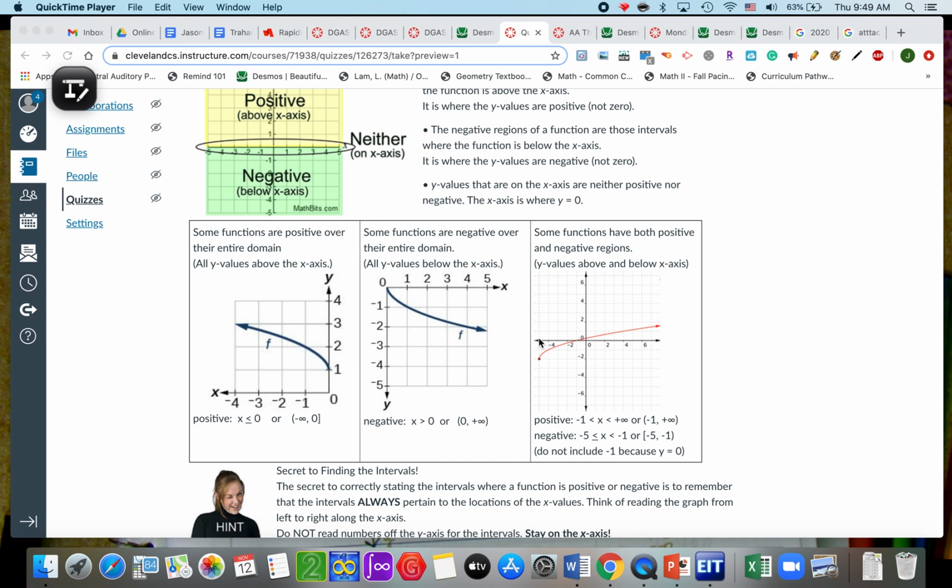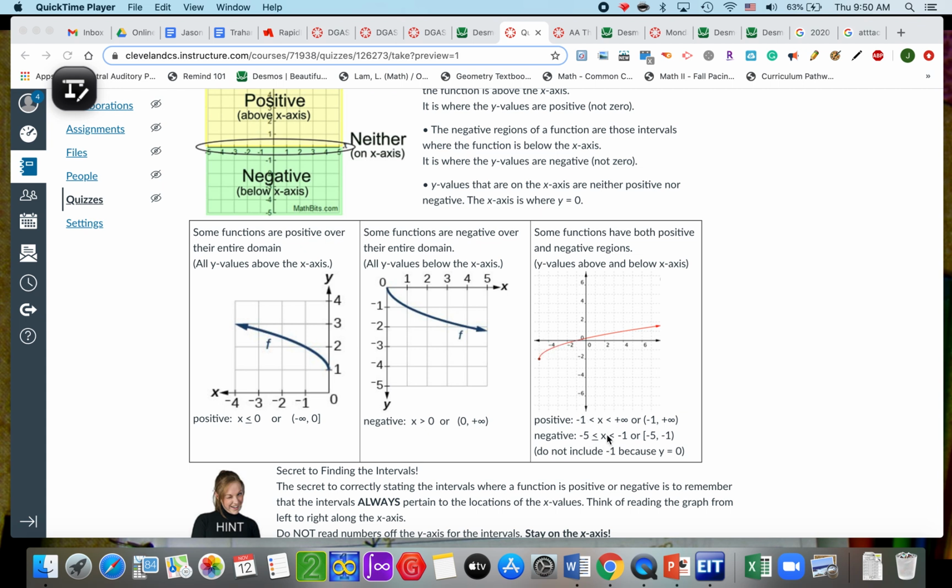So from -5 being the smallest, and we're going to include it because the value of y is -2 there, all the way to the x-intercept of -1, which we won't include because the value of y is 0 there. So that's going to be our negative interval, and that's what we have down here, where x is greater than or equal to -5.